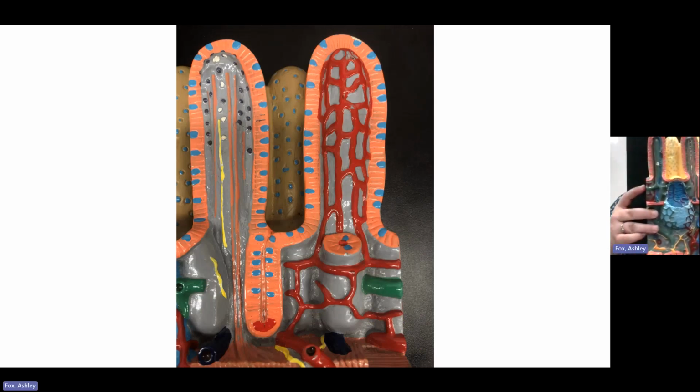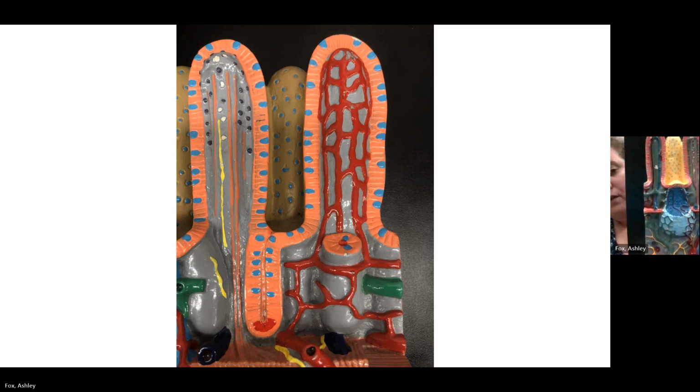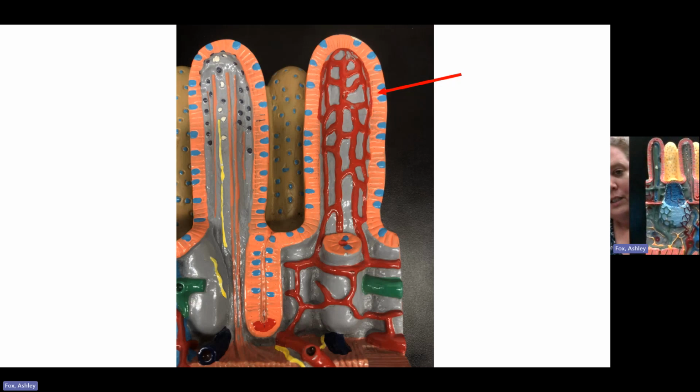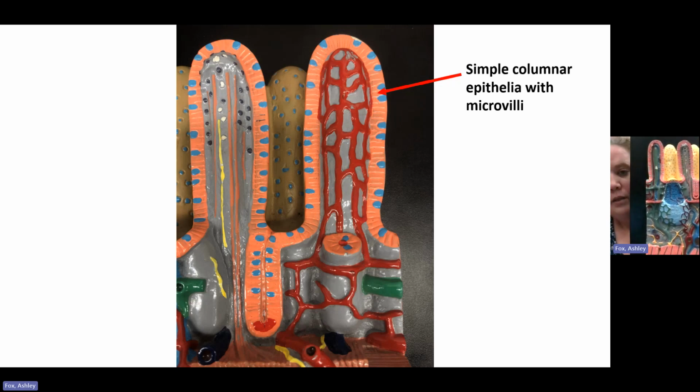Now we're looking at one individual villus. Let's come closer. We can look at each one of the cells that don't have the blue dot. Every one of those is going to be simple columnar epithelium with microvilli. That's the epithelial tissue of the small intestine. Simple columnar means it's a column, it's tall, and you can't see them, but they have microvilli.